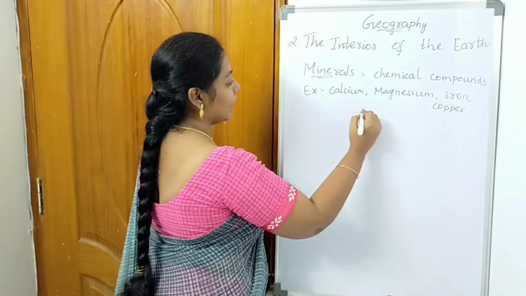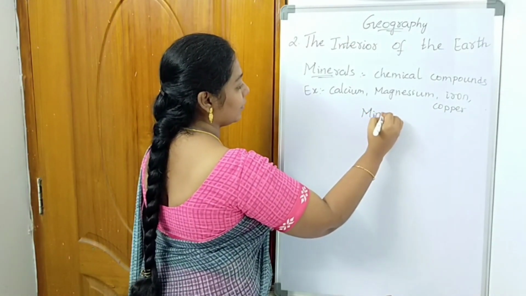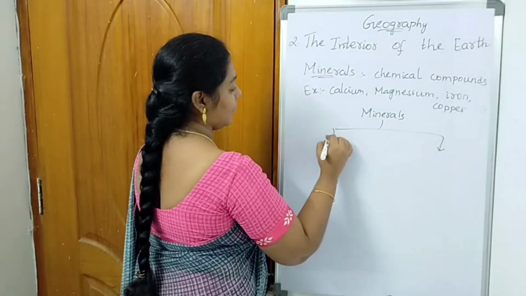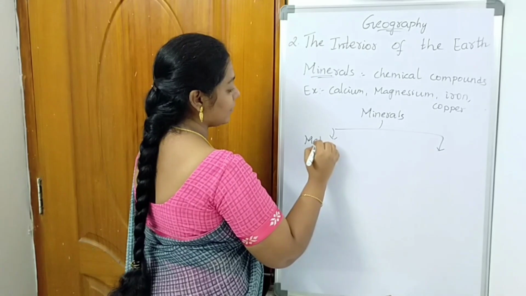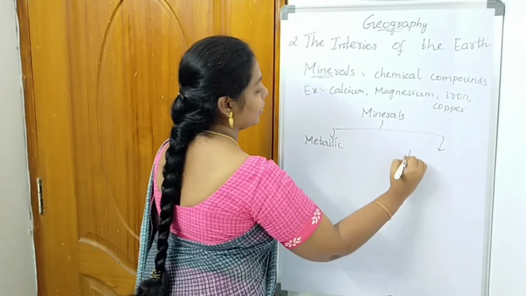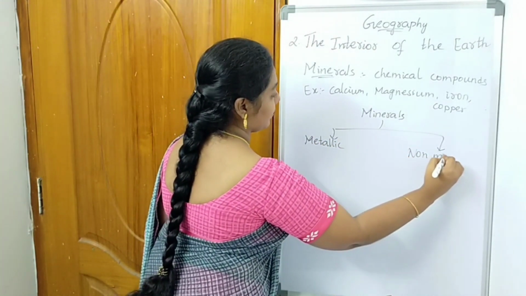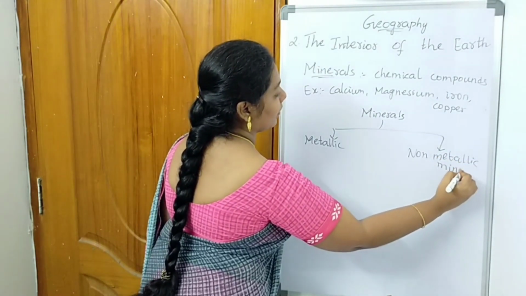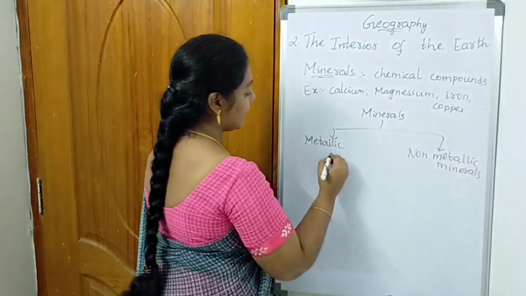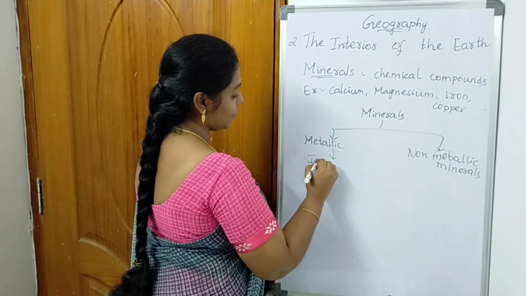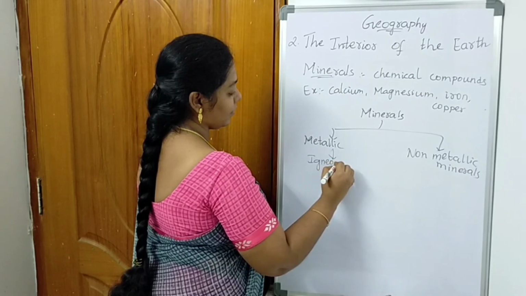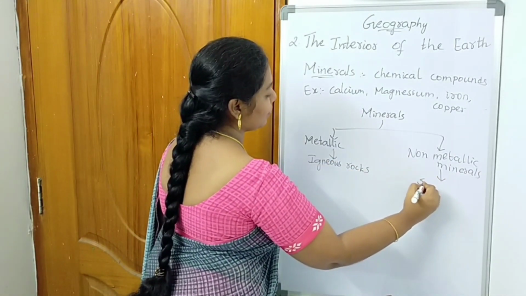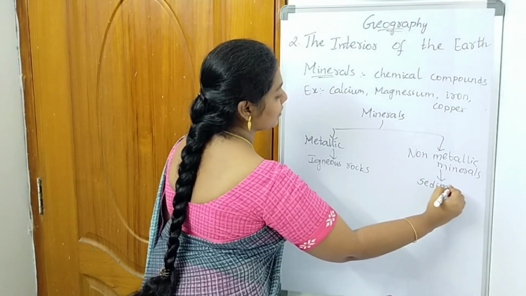And these minerals are again divided into metallic minerals and non-metallic minerals. We can see these metallic minerals in igneous rocks, and non-metallic minerals are found in sedimentary rocks.